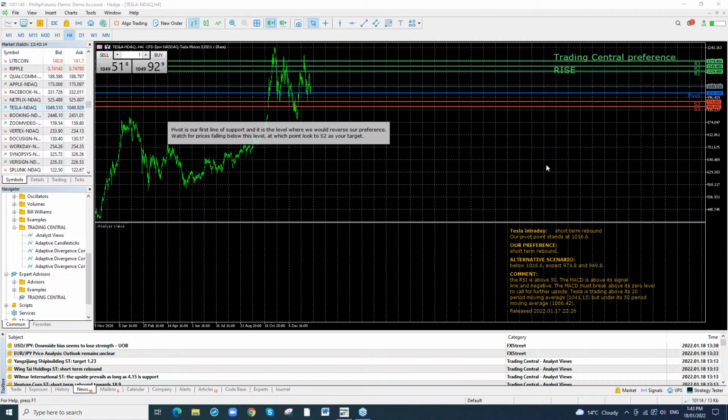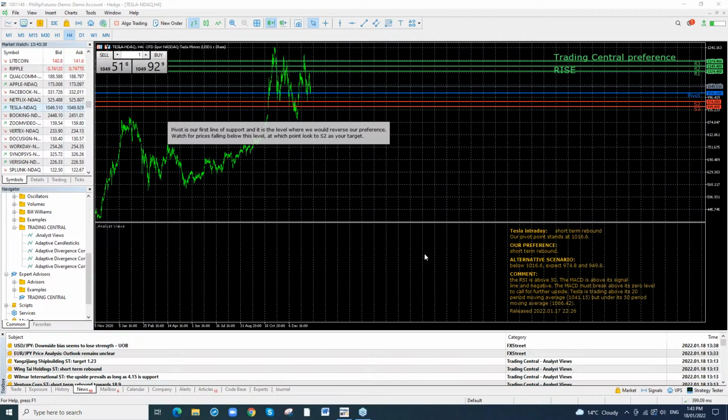First tool that I wanted to show you is the Trading Central Analyst View Indicator. As you can see on my screen, it's basically the job that Ming showed you in his presentation, done by our analyst in cooperation with our AI.